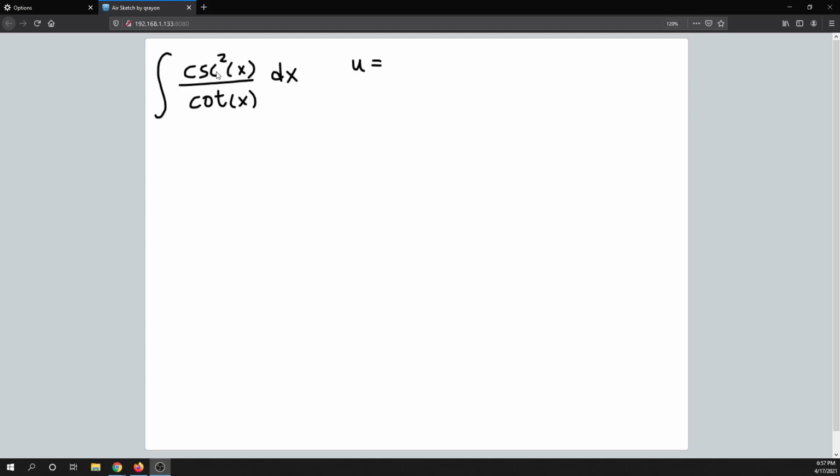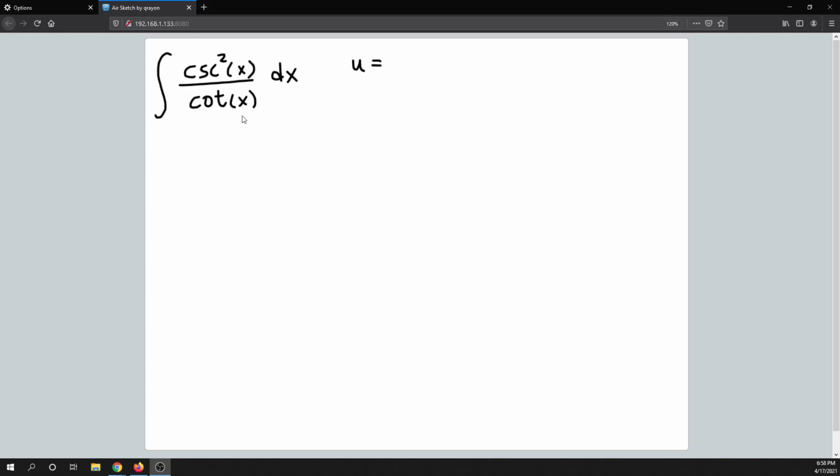I do have another cosecant up here, but this cotangent is down in the bottom part of this fraction. So really, it's more like a tangent. And then the derivative of cotangent is minus cosecant squared. All right, so you can see, hey, wait a second, cosecant squared appears on the top as a factor. So there's really nothing I would have to finagle or mess with. So that's looking pretty good, right?